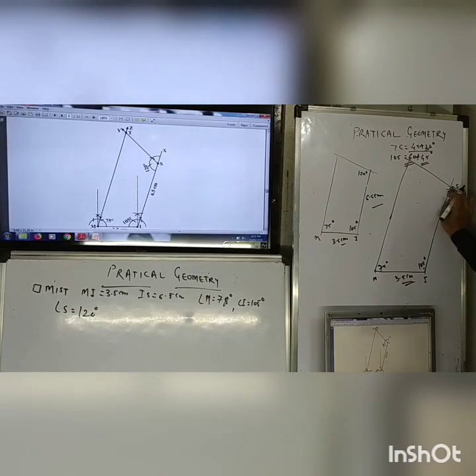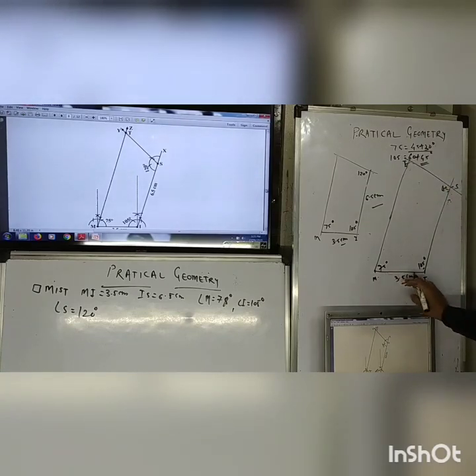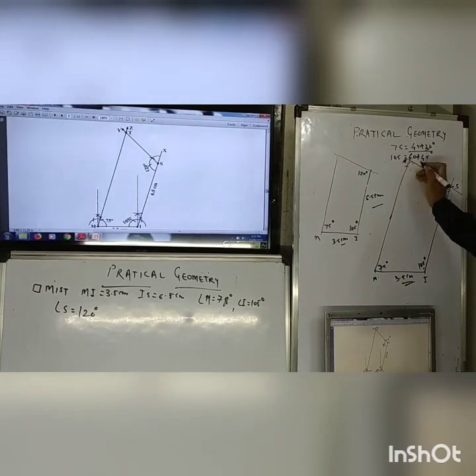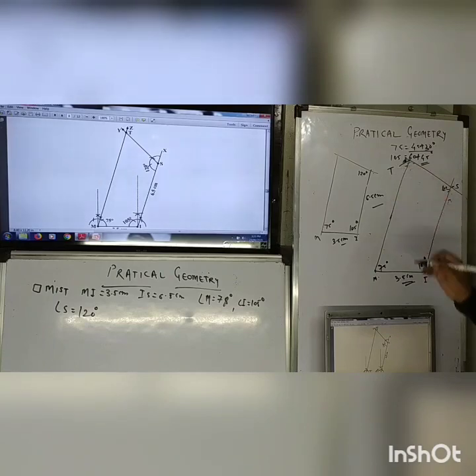This angle is 120 degree, intersecting this point at T, and this is quadrilateral MIST.